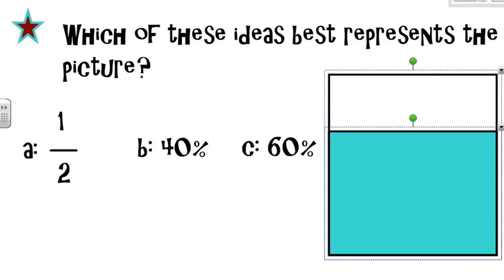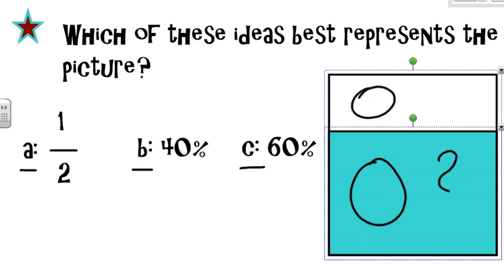As we look at this picture, the question is, which one of these numbers makes more sense? Is it half? Is it 40%? Or is it 60%? If you look at the picture, you're going to realize that this portion here is not equal to this portion, right? And so if we were looking for which section is shaded, we would say, well, they're not equal, so half doesn't make sense, right?